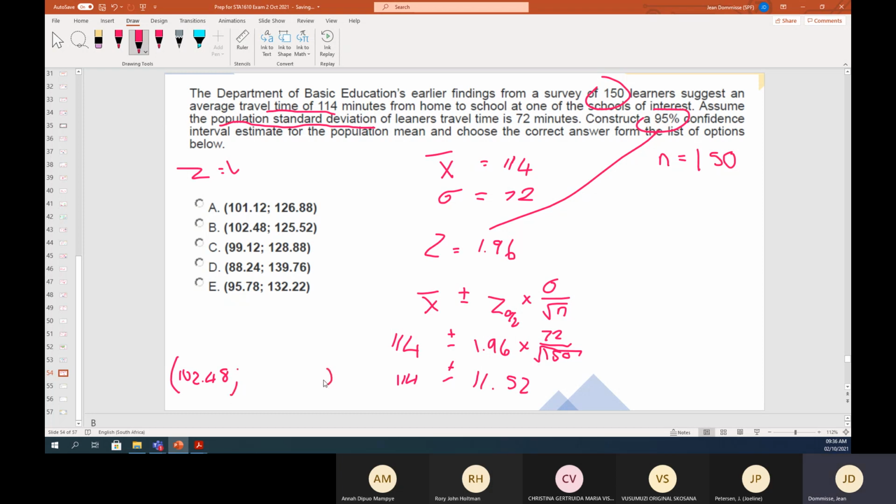and then 114 plus the 11.52 will give me the top number of 125.52, and in the middle is the 114.